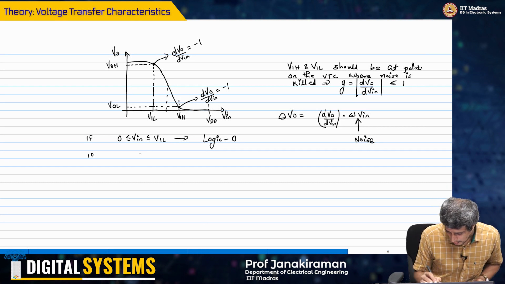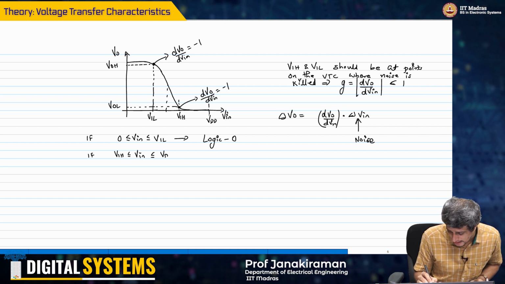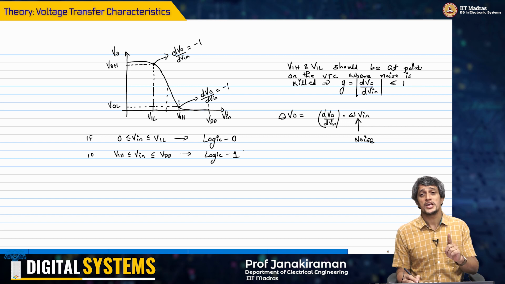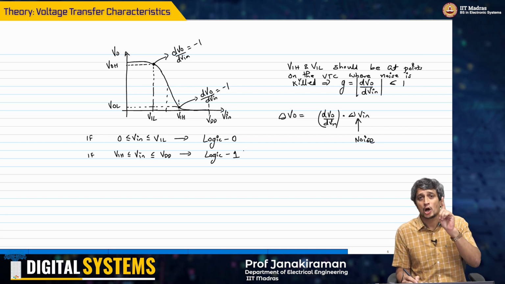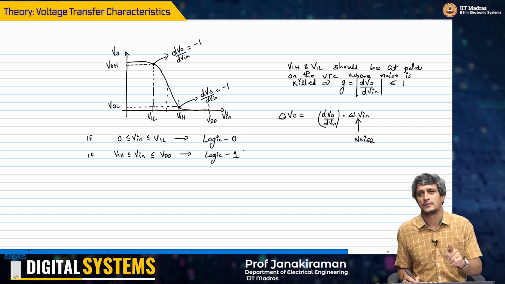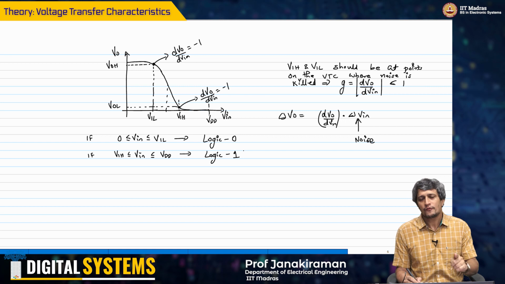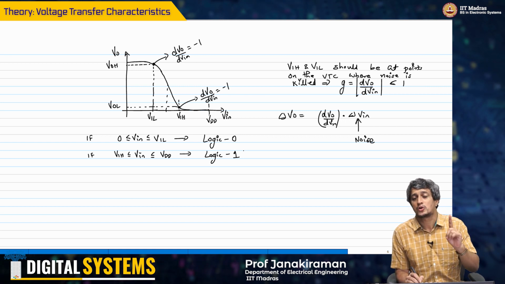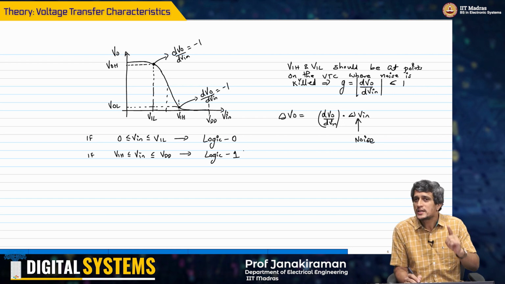If V in is greater than VIH and less than VDD, you can treat it as logic 1. And the beauty is they will be logic 0 and logic 1 in spite of noise.